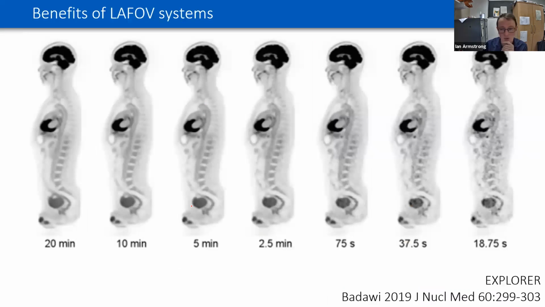So what are the benefits of this? Well, these are some images from the Explorer, and we can see here we've got a series of scan times. I always like to say bed times, but effectively I suppose it is still bed times. It's still one bed position.